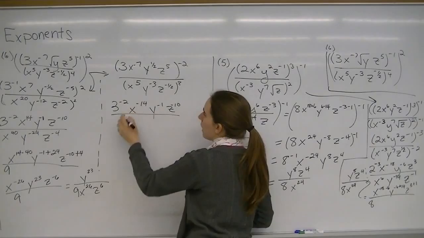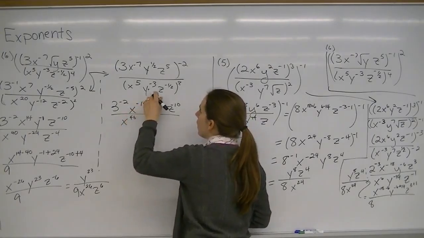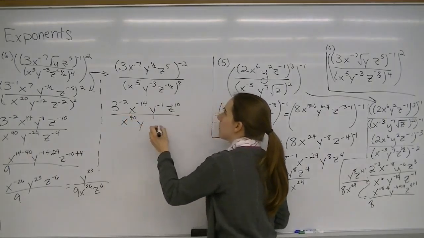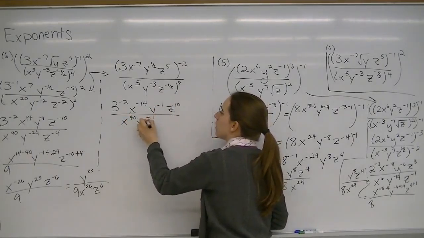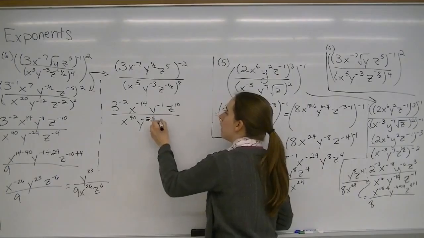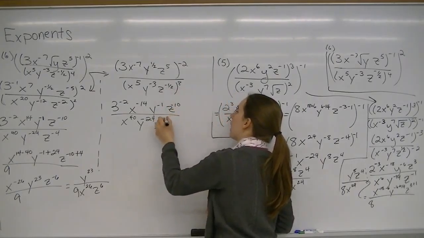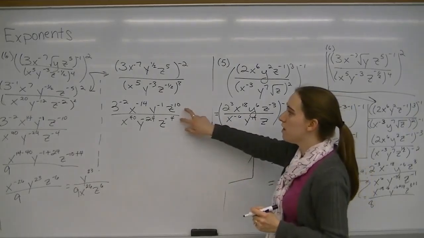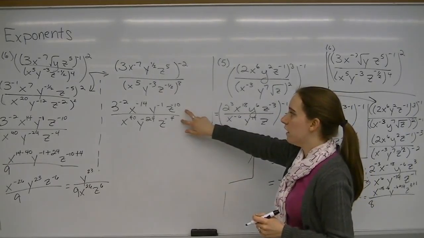Then on the bottom I get x to the 40th, y to the -8 times 3, so -24, and then z to the -1/2 times 8, which is 4.